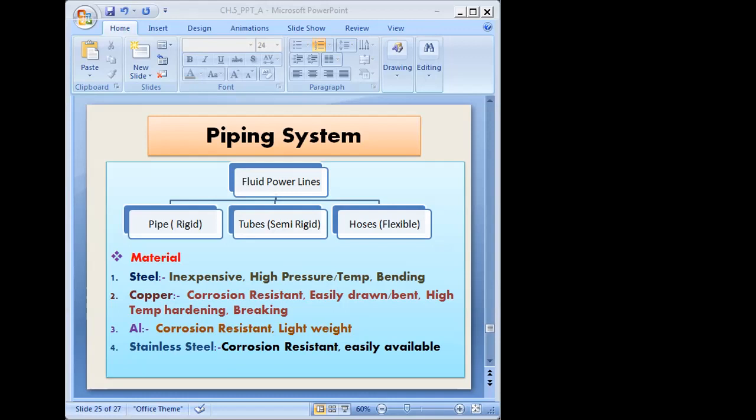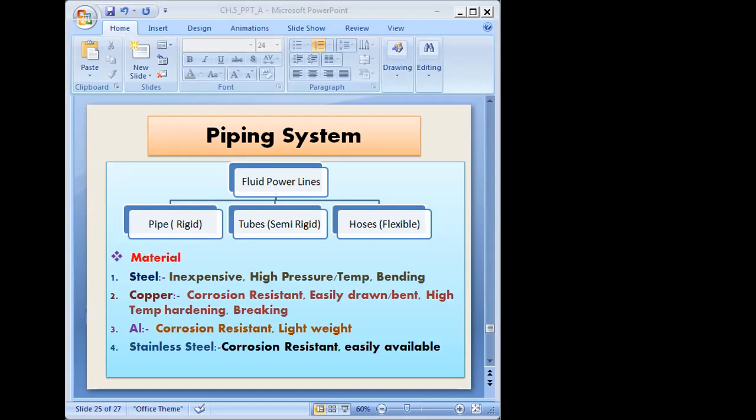So these are different materials, but careful selection and design of the fluid power lines is very necessary. Selecting the proper piping system is important because then you will get proper functioning of your entire pneumatic, hydraulic or fluid power system.